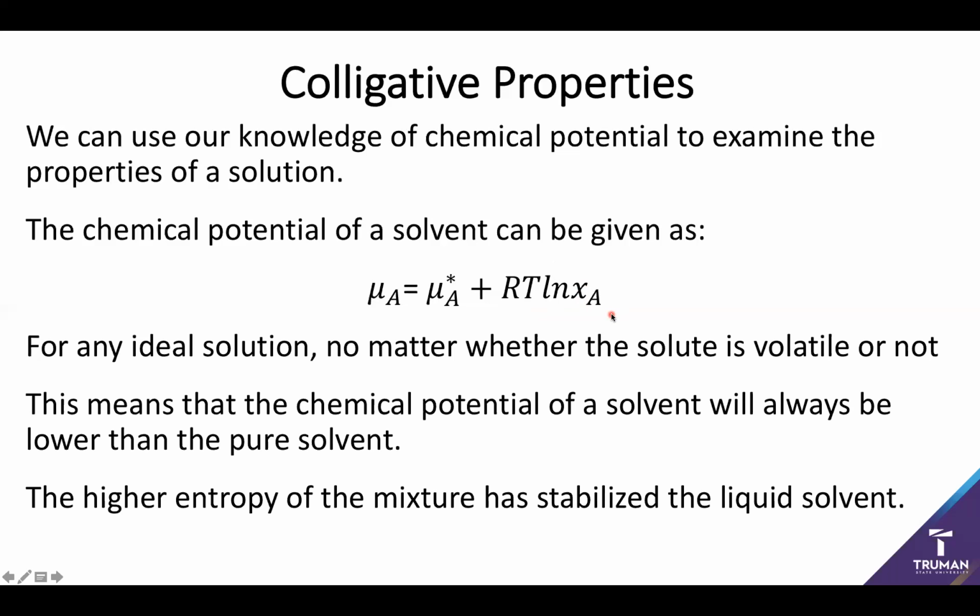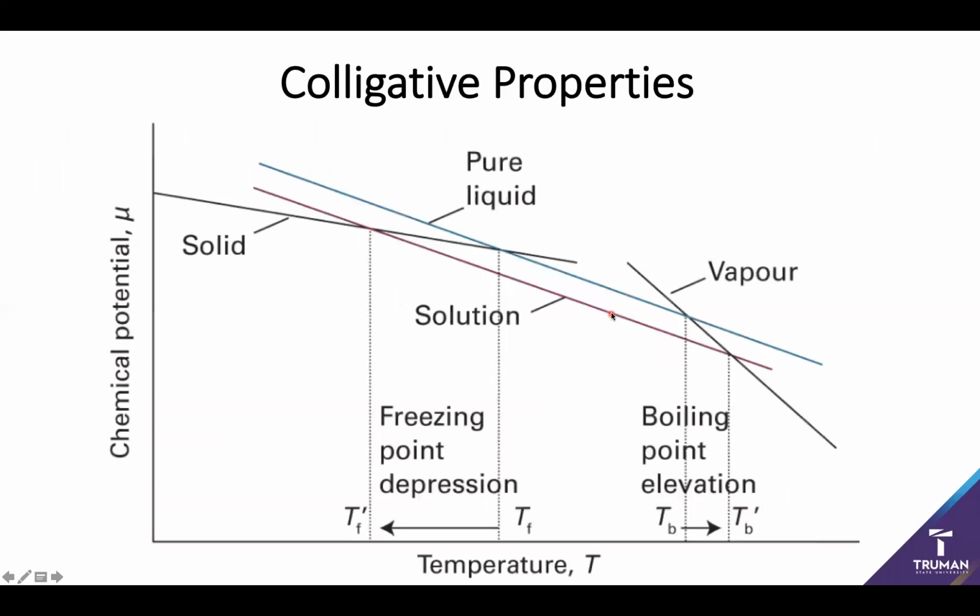So let's examine some of these consequences of stabilizing the chemical potential of my solvent in a solution. One of the biggest ones concerns the phase changes of my solvent when I increase its impurity. As my solvent freezes to form a solid, this happens when the chemical potentials of my solvent and its solid form become equal.